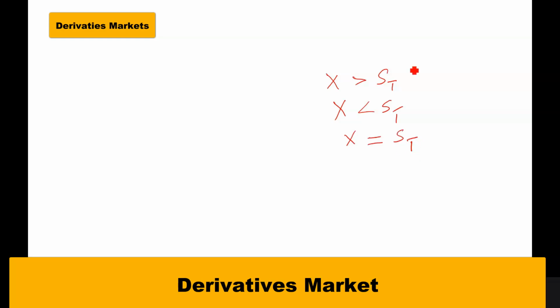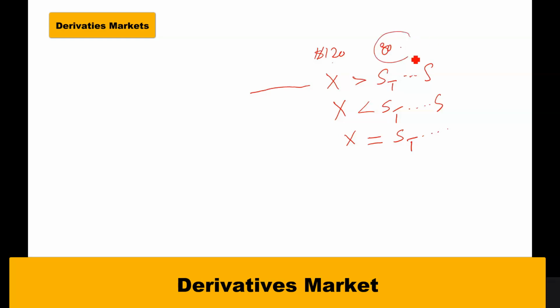Or even at any point of time, if you want to see an option even on the 2nd day or the 3rd day, you just have to compare it against the spot price. At any point of time, if the exercise price is greater than the spot price, exercise price in our case was $120. So if exercise price is greater than ST, let's suppose ST is 80.